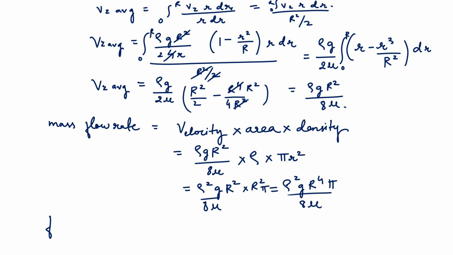While the force exerted at the wall, we get small r equals capital R. That is, in place of small r we have to put capital R. So what will be the force exerted?